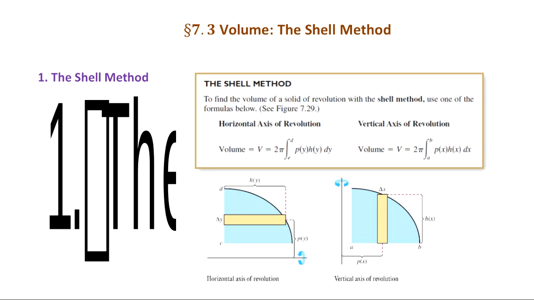So it says to find the volume of a solid of revolution with the shell method, use one of the formulas below. It really depends on what the rotation axis is.